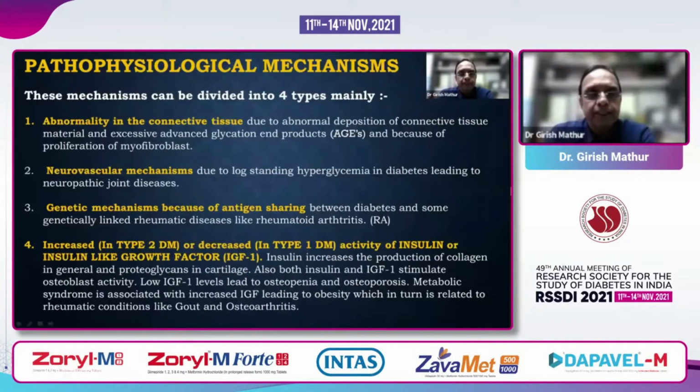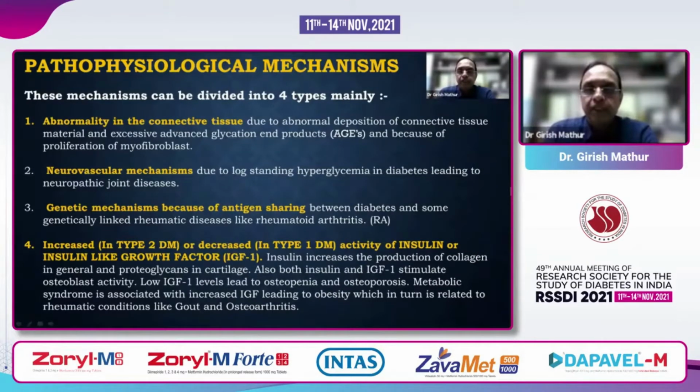The third is a genetic mechanism because of antigen sharing between diabetes and some genetically linked rheumatic diseases like rheumatoid arthritis. The fourth is increased or decreased activity of insulin or insulin-like growth factor, IGF-1.